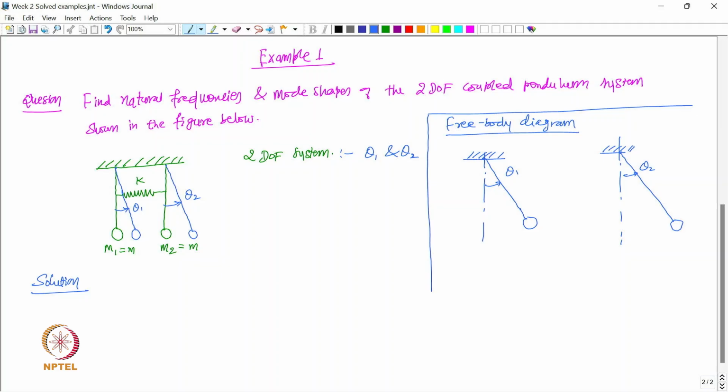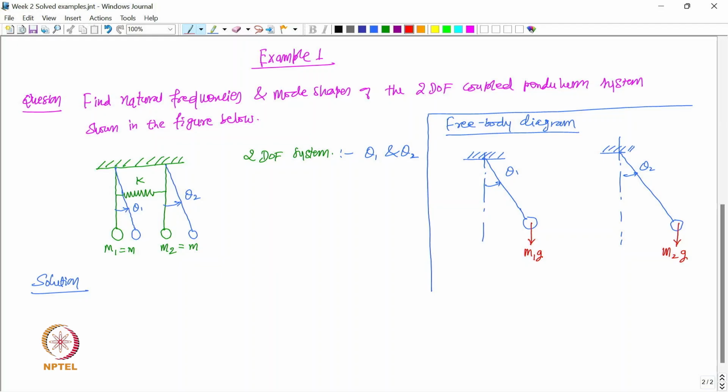Let us try to indicate the forces. Of course we will have the gravity force m1g acting here, and here you will have m2g. Then the spring will suffer deflection.